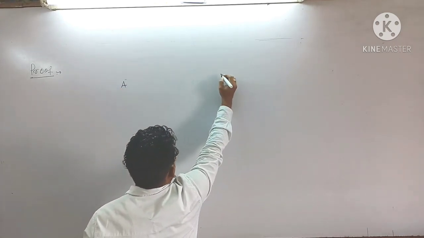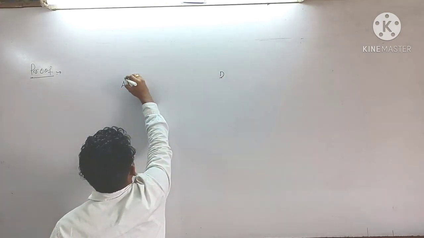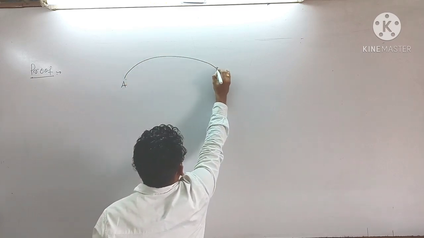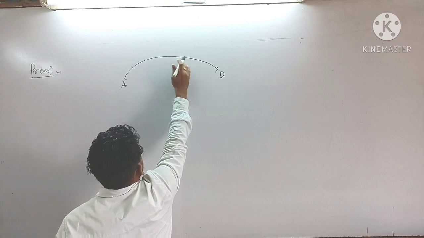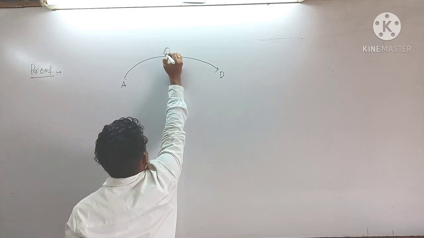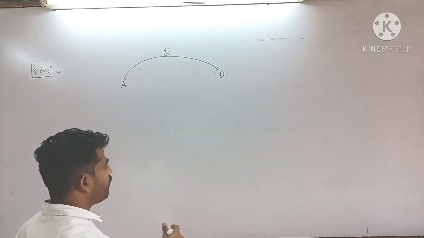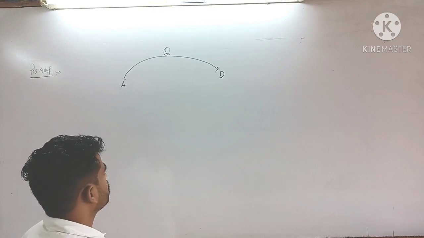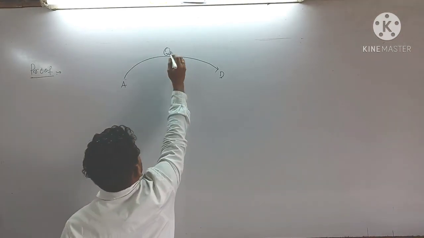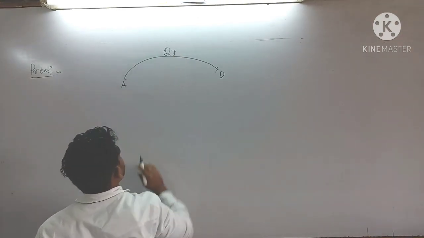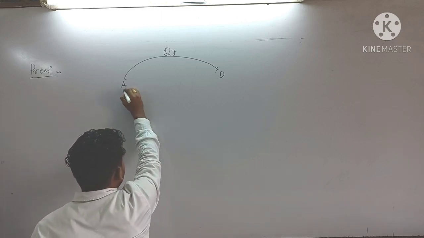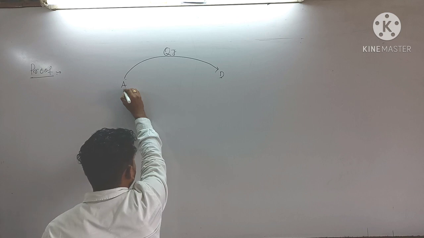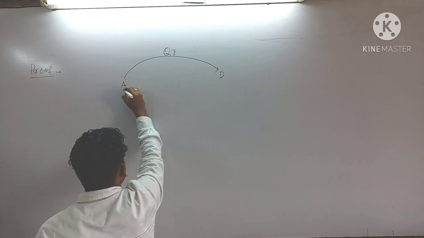Let's say A converted into D by the direct way. That clear? And here the energy evolved, suppose I am considering evolution, evolved, that is Q joule, let's say. That clear? Let's say A again converted into D through several steps.